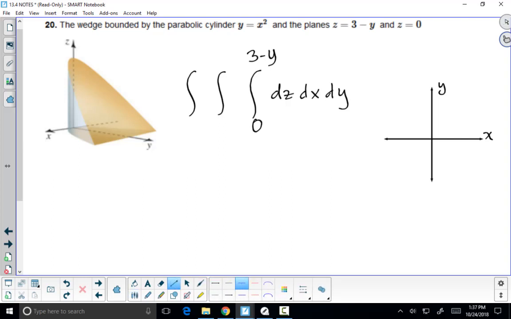And then we do the other part. We want to know where the cylinder meets the xy plane. We already know, it's y equals x squared. So that's our region in the xy plane.